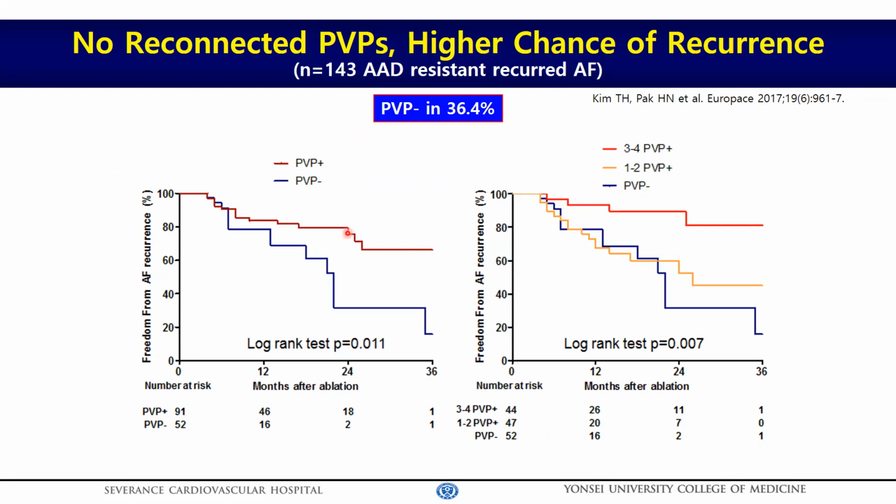The outcome of the second procedure was significantly worse in patients without PV reconnection than those with PV reconnection. Consistently, patients with a higher number of PV reconnections show a better rhythm outcome after the second procedure. This outcome reflects the contribution of extra PV triggers with remodeling in the recurred patients without PV reconnection.